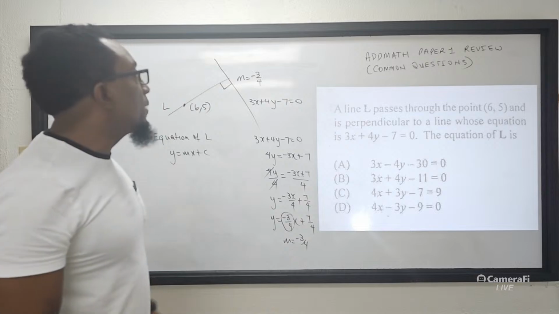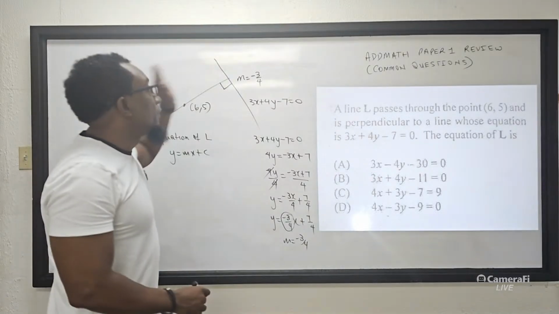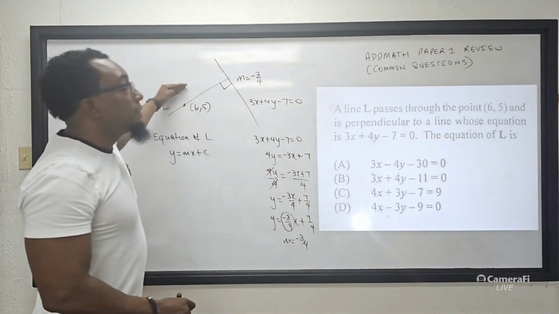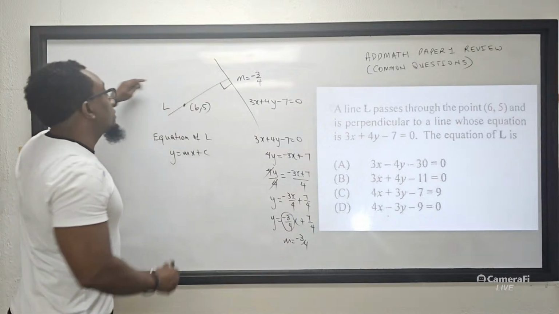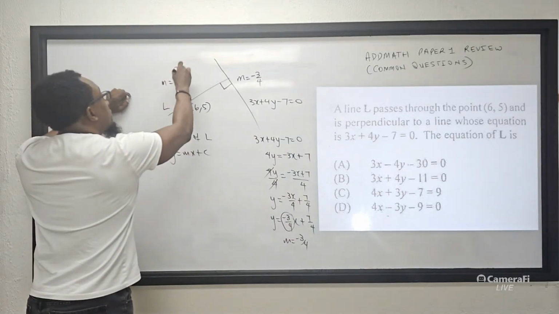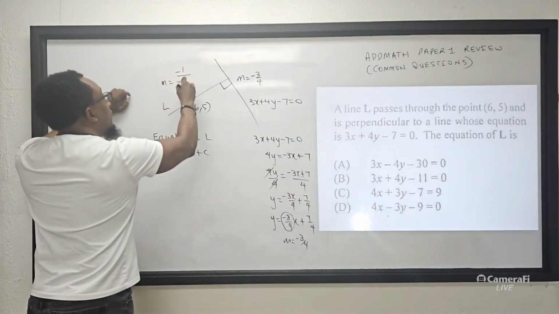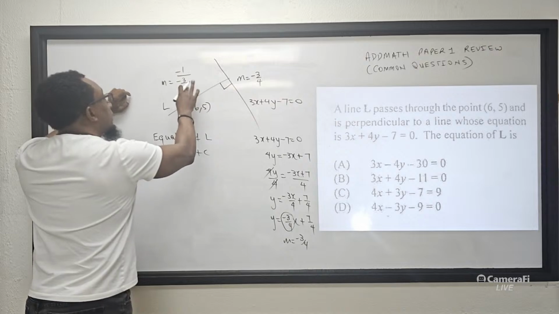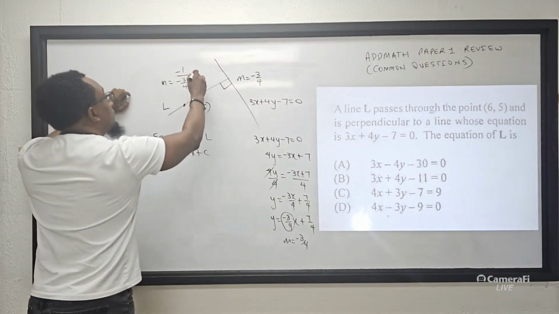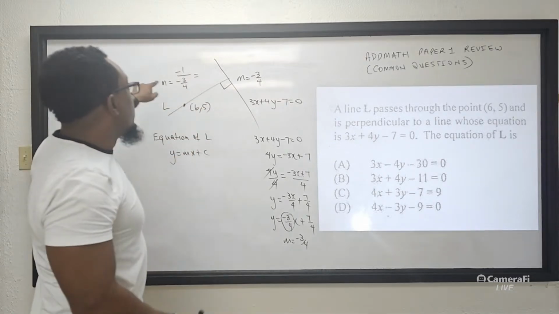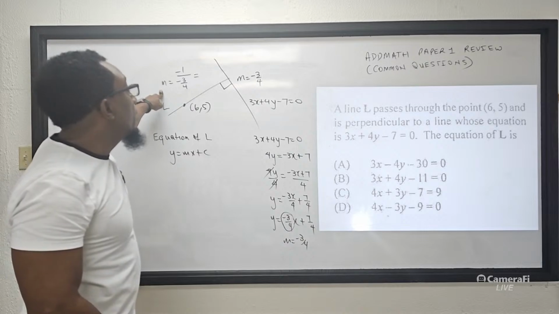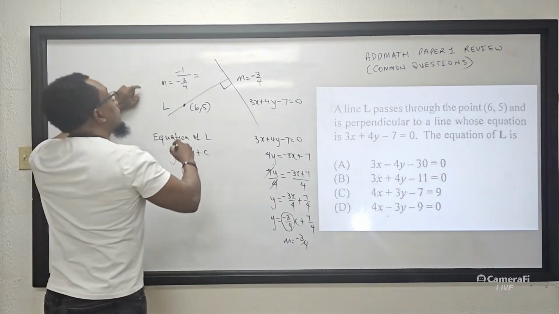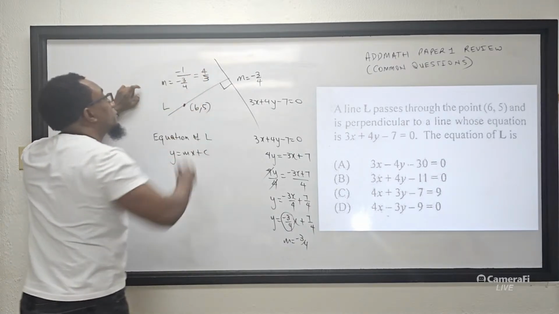Remember, when two lines are perpendicular, if you know the gradient of one line, you can find the gradient of the other by using the negative reciprocal: negative 1 over negative 3/4. So the gradient of line L is negative 1 over negative 3/4, which becomes positive 4 over 3.